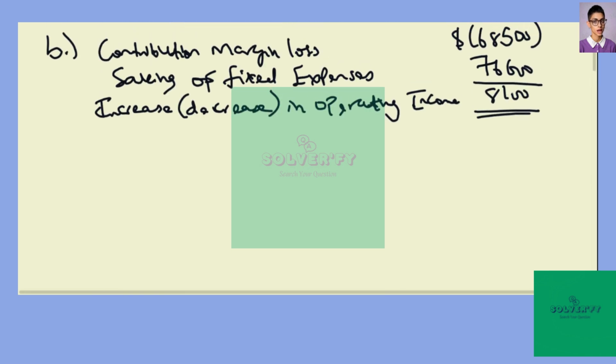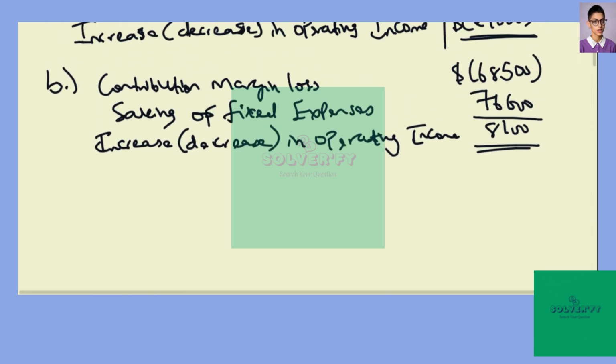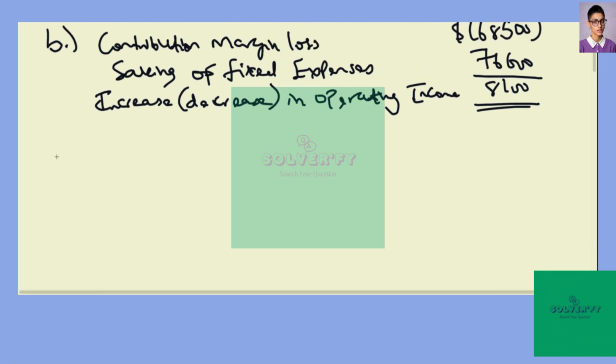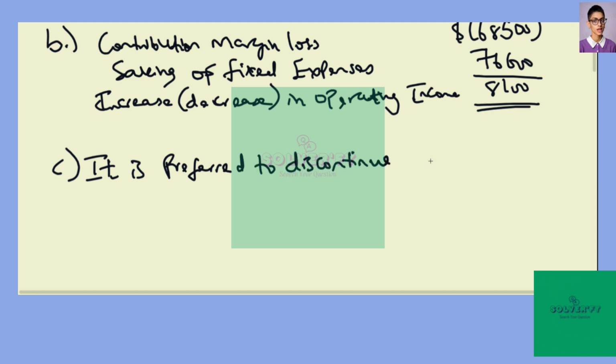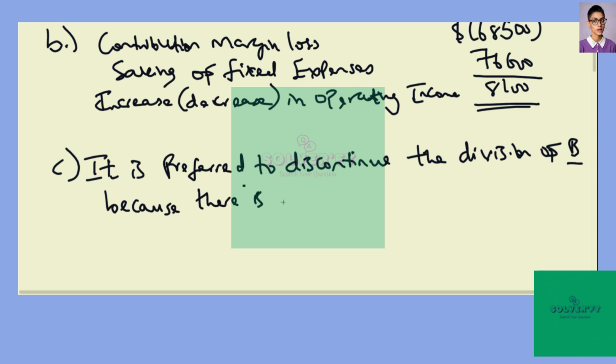So the last question, it is preferred to discontinue the division of B, because there is a decrease in the operational loss of 8,100 by discontinuing the operation.